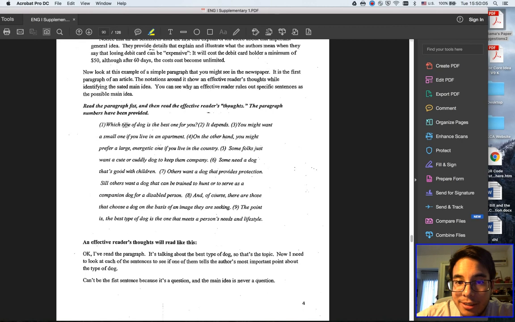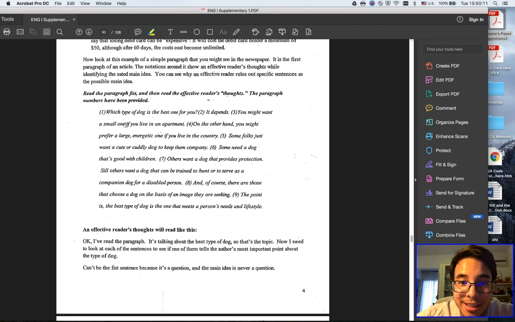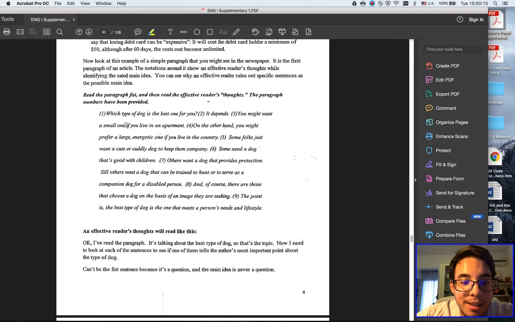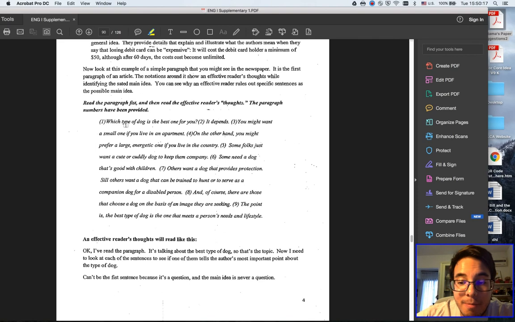Which type of dog is the best one for you? The answer to that question is no, it's not. This paragraph is quite tricky because the main idea sentence is not necessarily the first sentence, as you'll see. If you take a guess, is it the second sentence?